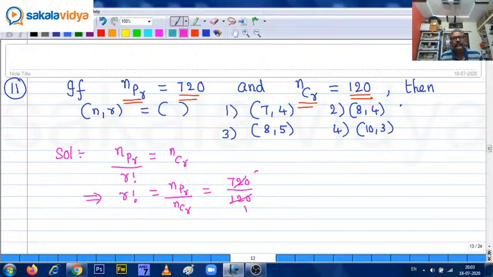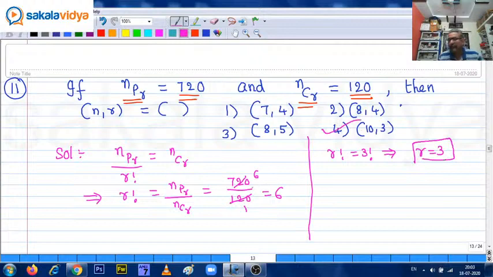This will be 6, which is nothing but 3 factorial. So r factorial equals 3 factorial, which implies r equals 3. Obviously the fourth option will be the right option.